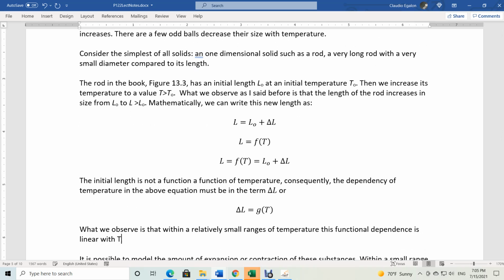It's the simplest dependence that I'm going to see out there, especially if the change in temperature is very small.